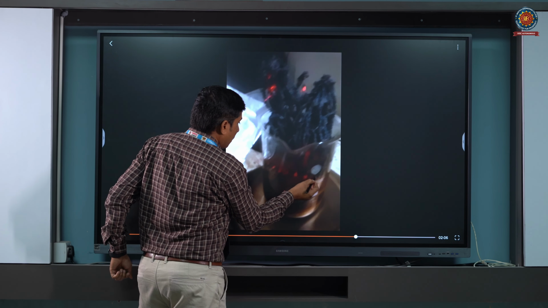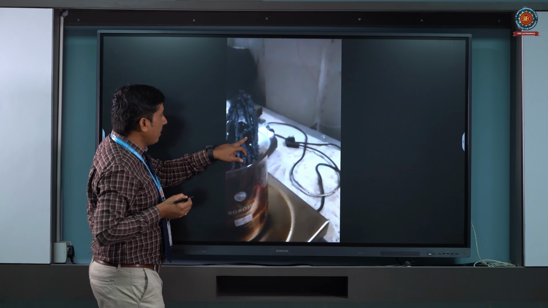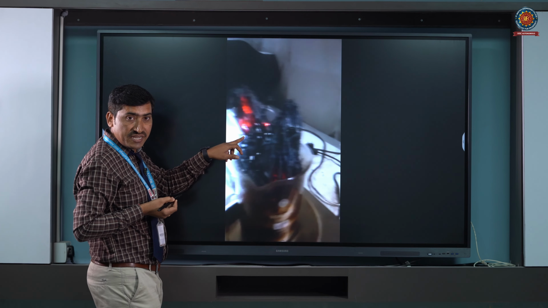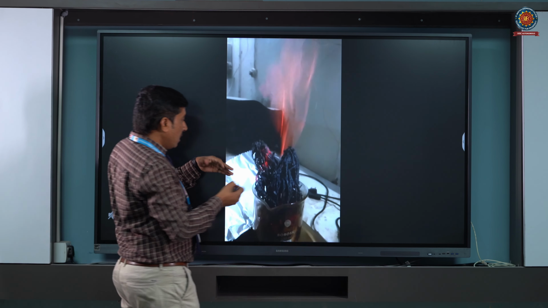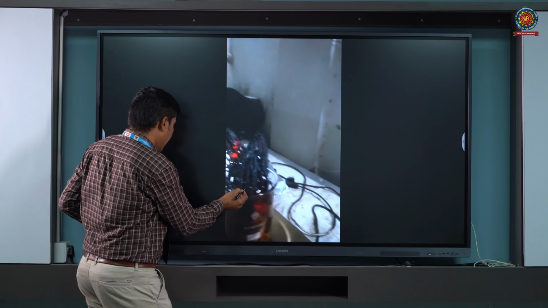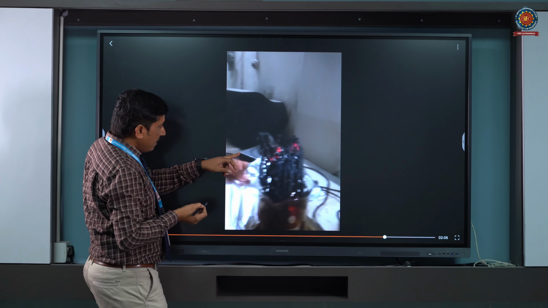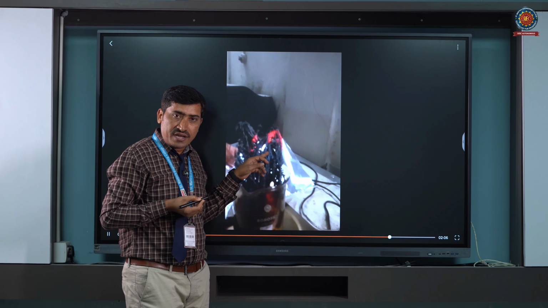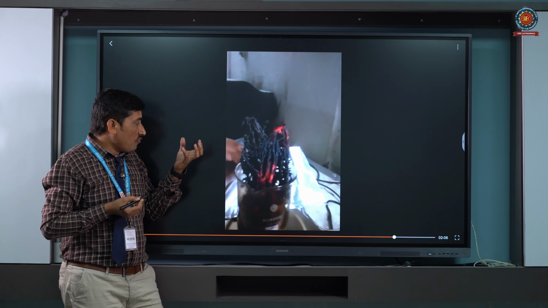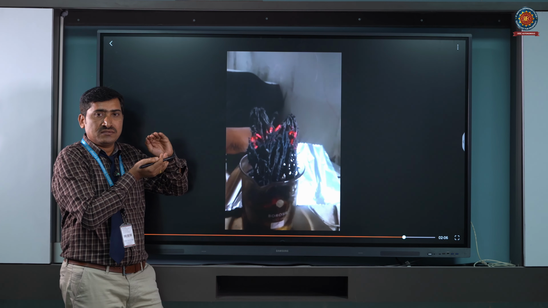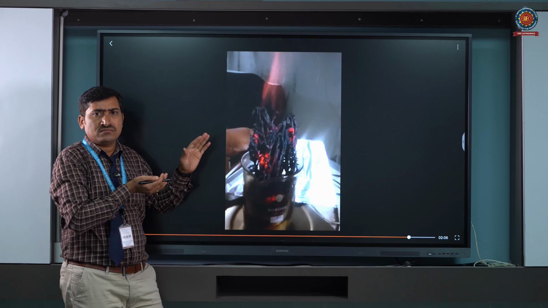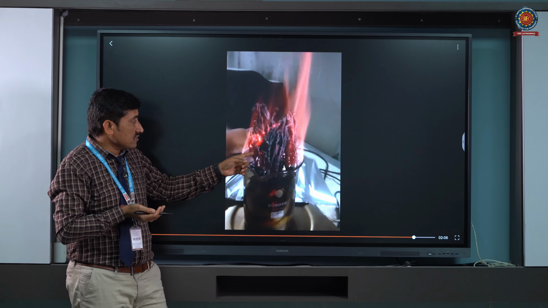This video shows burning ash powder. See the light here. Light and heat are generated, and our solution is completely burning into powder. That is the combustion process.